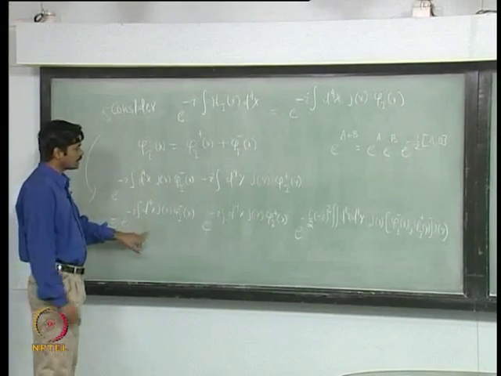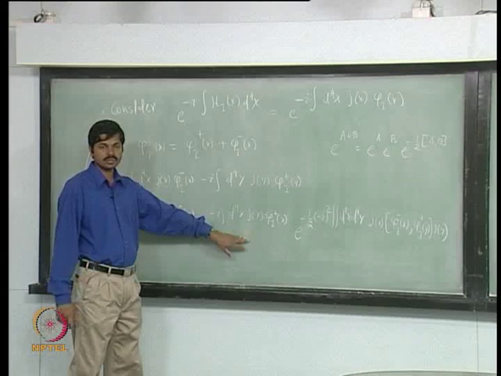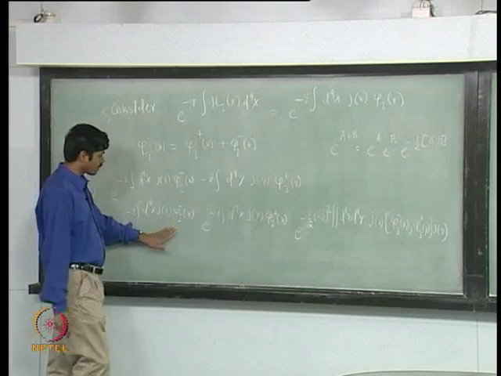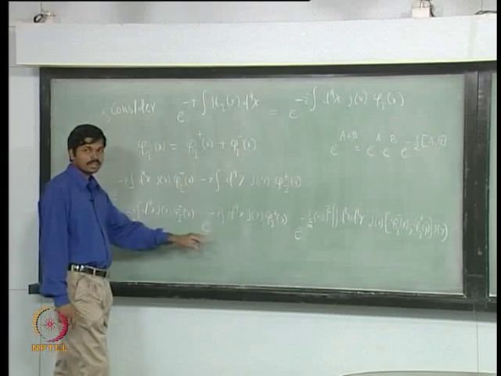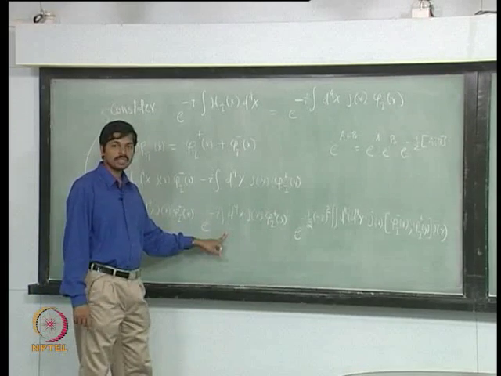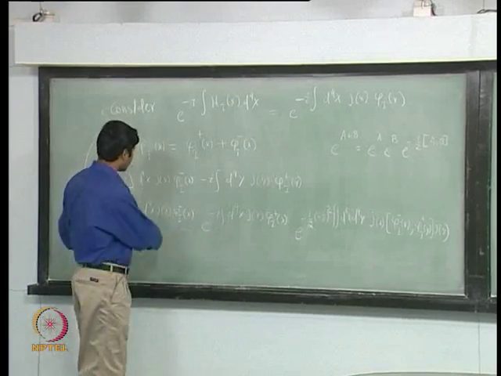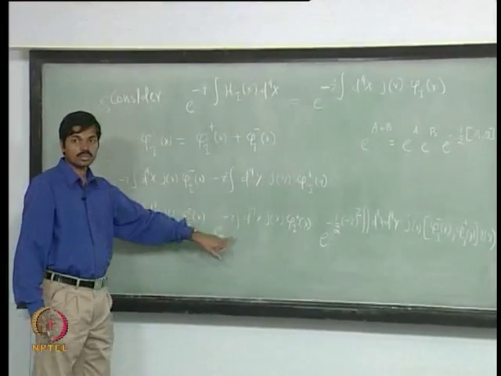But now you see this first two terms here, this term contains all the creation operators and the second term contains all the annihilation operators. So, this is already in the normal ordered form.